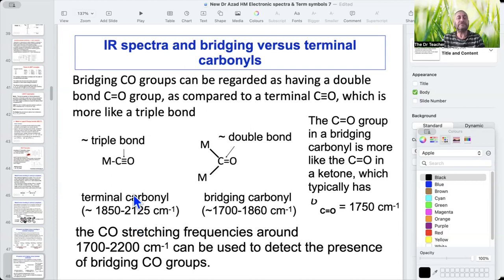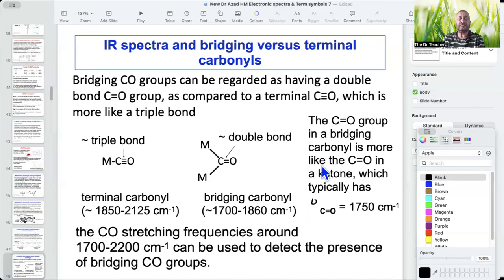So if there is a triple bond, we can find a peak between 1850 and 2100. If I have a carbonyl with two bridges of the metal, so it would be a bridging carbonyl, so I can find a peak between 1700, 1860, and so on.